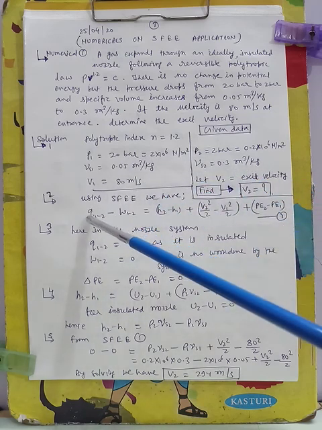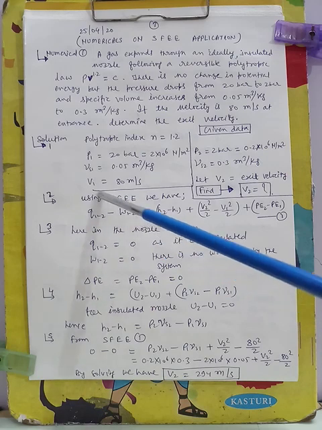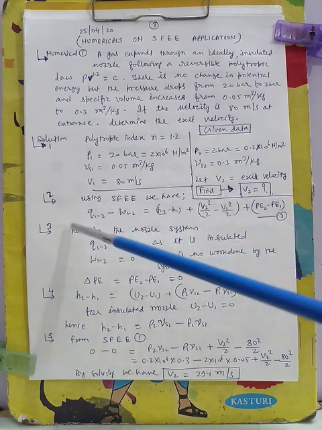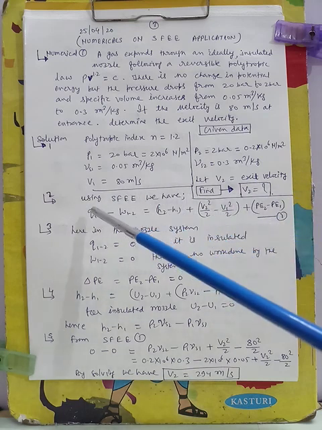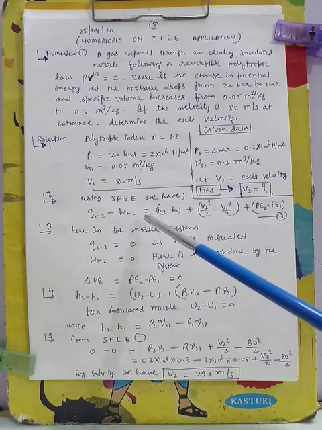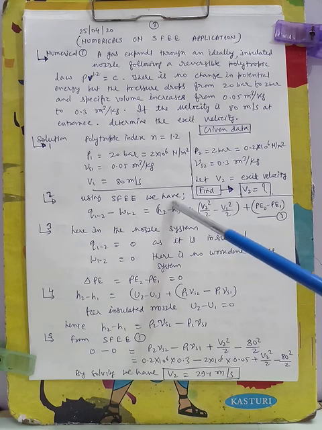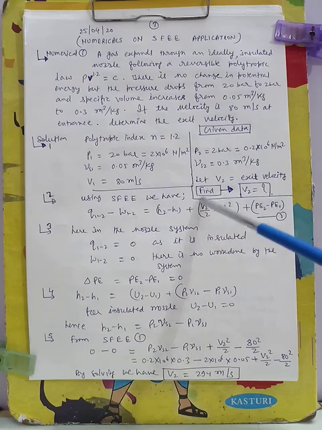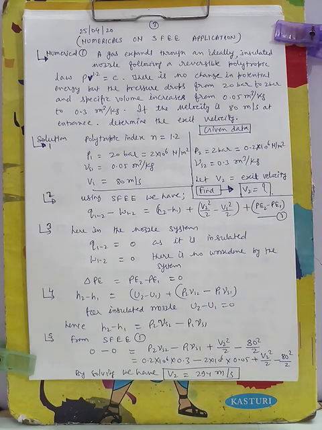So Q12 minus W12, this is the format I suggest for the steady flow energy equation: Q12 minus W12 is equal to H2 minus H1, change in enthalpy, plus V2 square by 2 minus V1 square by 2, change in kinetic energy, plus PE2 minus PE1, change in potential energy. Call this equation 1.